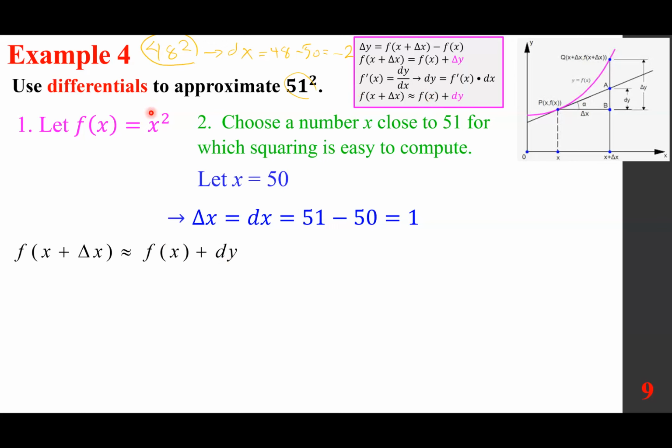To find dy, we're going to go back here, differentiate f of x. So f prime of x, or dy dx is 2x. Dy is f prime dx. So dy is the product of these two, 2x dx. So we come back here, we replace the f of x with x squared, dy with 2x dx.